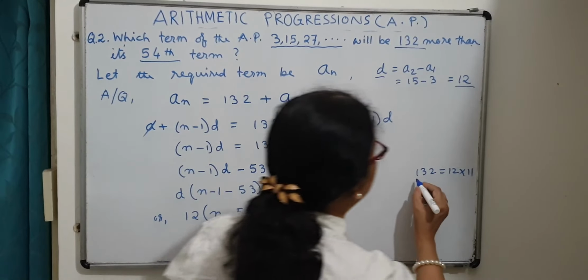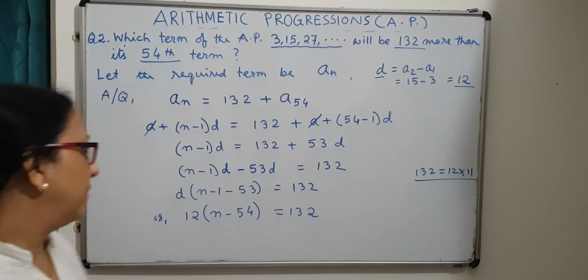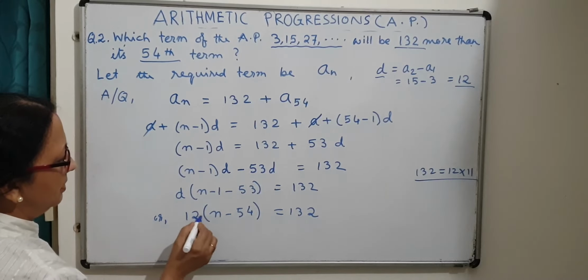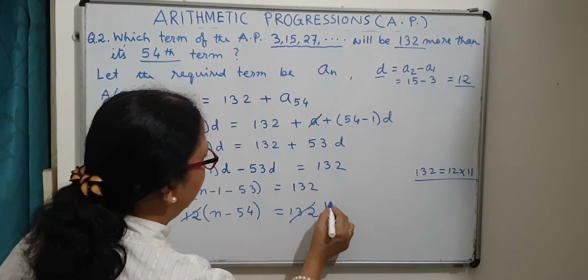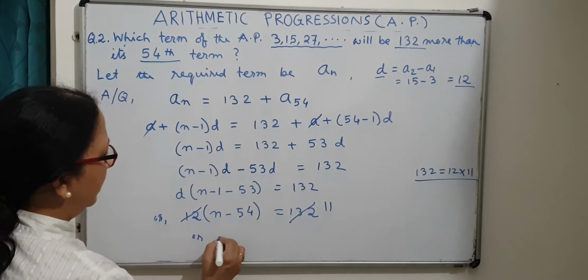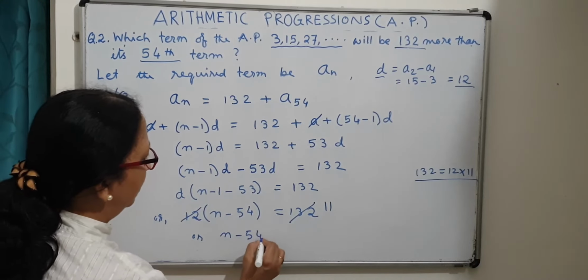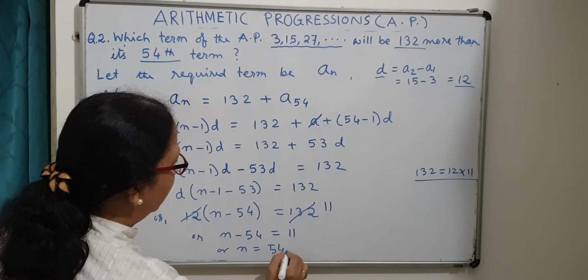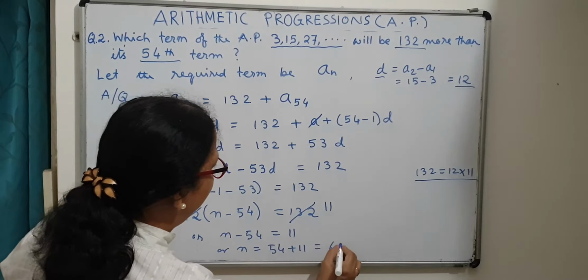So if you are a bit familiar with the numbers, it is very easy, and your time will be saved. So n minus 54 is equal to 11, or n is equal to 54 plus 11, that is 65.